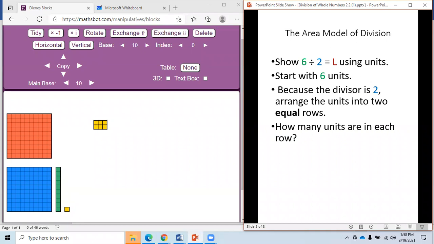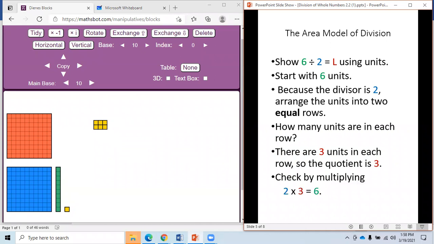How many units are in each row? Well, I can see I have 3 units or 3 blocks in the row. So the quotient is 3. I could check that by multiplying 2 times 3 is equal to 6.